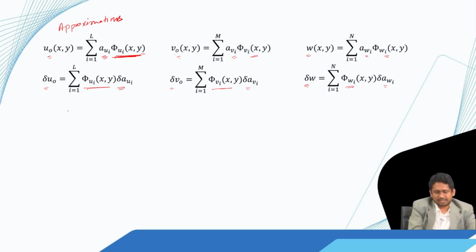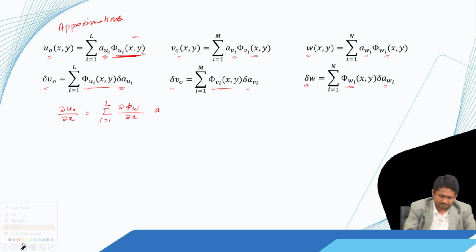Now, let us look into the derivatives. Let us take del u0 by del x, and we can write this as the summation from i equal to 1 to L. If I look into this expression, AUi is not a function of x, so AUi remains as it is, and phi Ui being a function of x, we can differentiate it with respect to x, and then we have AUi.